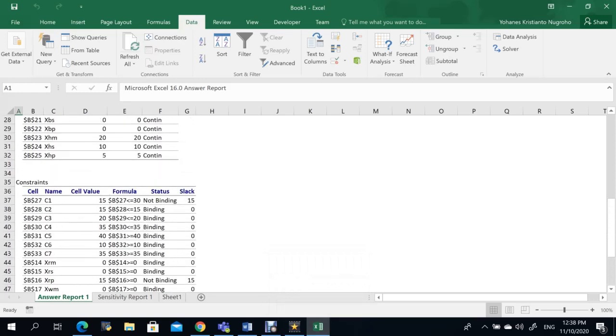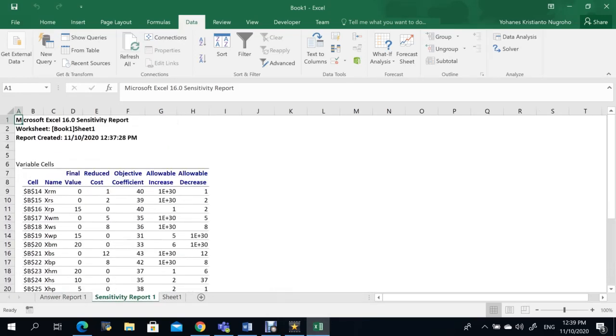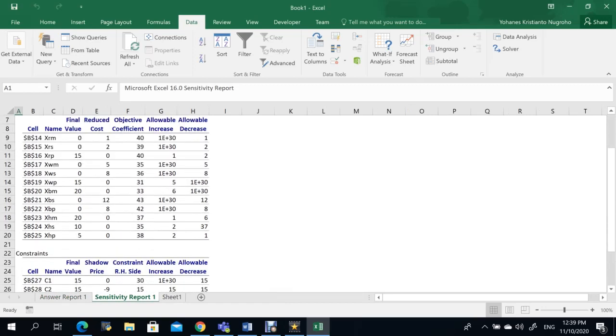So yeah, this is the result. What about the sensitivity report here? We have the final value here, informing us about the transportation quantity for each source to a particular destination, and also we have a reduced cost, and also allowable increase and allowable decrease.